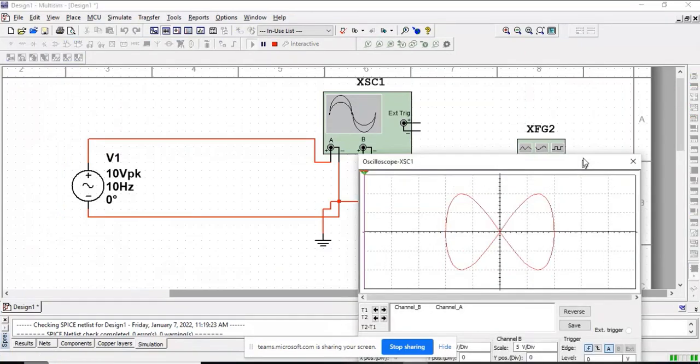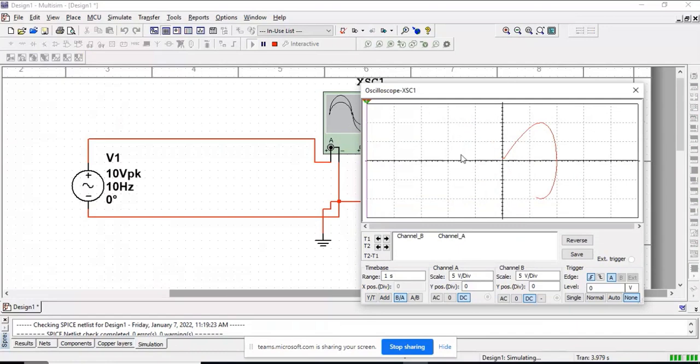Now see the Lissajous pattern, and you can see the top line that is touching at both the ends of this Lissajous pattern. So the HT value will be 2, and if you see the vertical tangency, the vertical line is touching at one end of this loop.